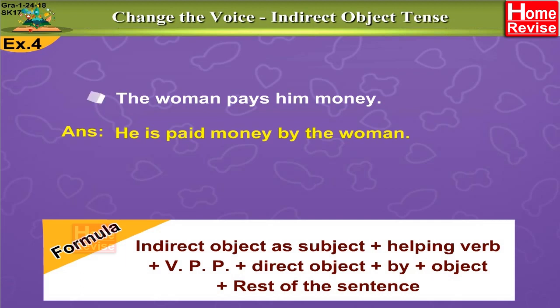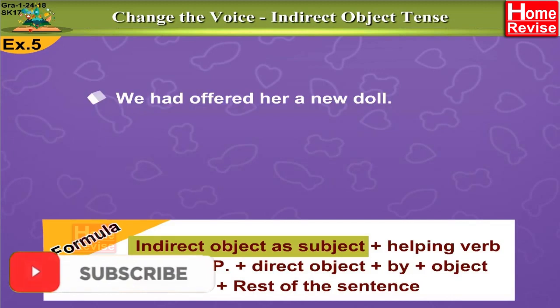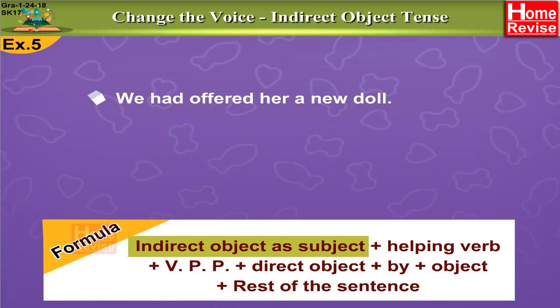And here we go with another example. We had offered her a new doll. The sentence is in past perfect tense. Whom had we offered a new doll? Her. So her is the objective case. What is the subjective case of her? It is she. So our passive voice will begin with she. Since it's past perfect tense, we have to use the past perfect helping verb, which is had.